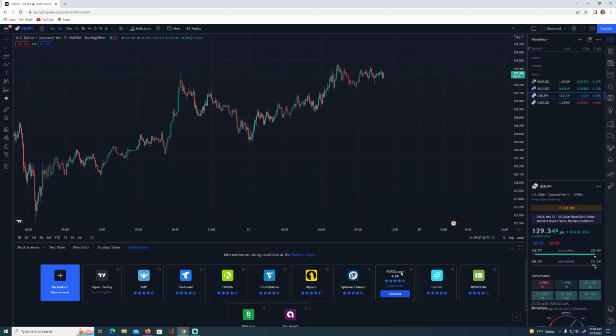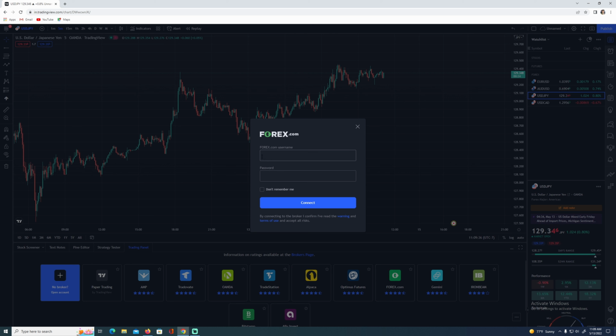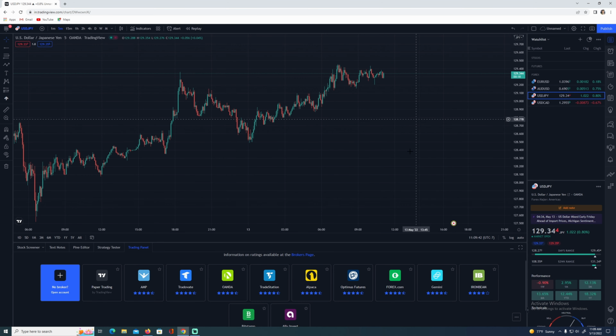You can trade directly from TradingView, which makes it a lot easier. For example, if I wanted to link my account, I will go connect, put my username and password, and automatically it will link my account, and I can start placing trades using my real money.